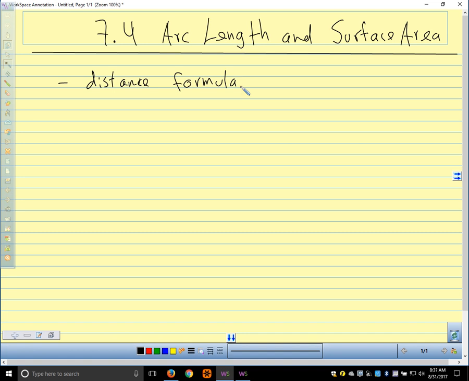All right, so here is some curve. The curve is given by y equals f of x. I'm going to call this point p sub i minus 1, and this point p sub i.